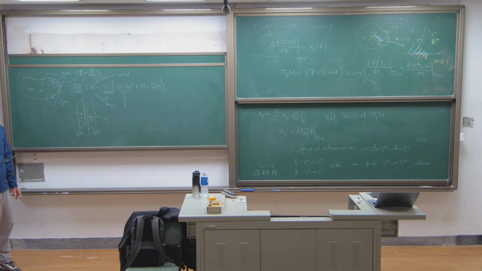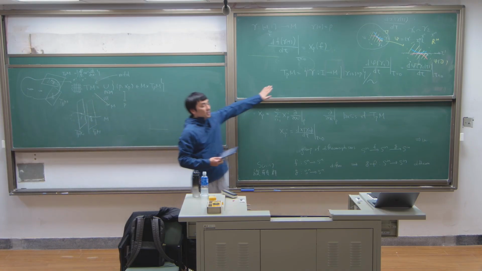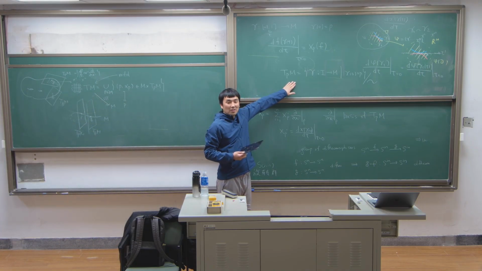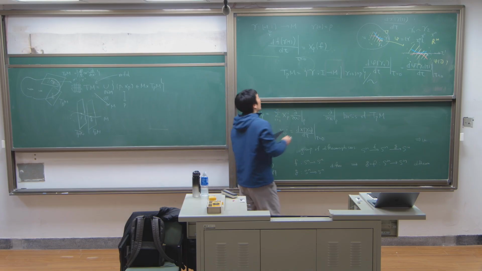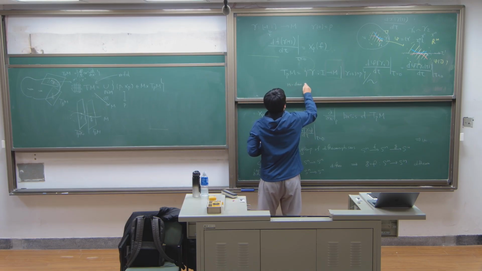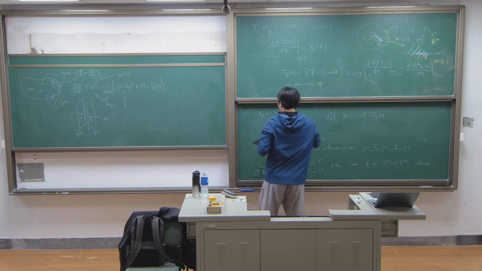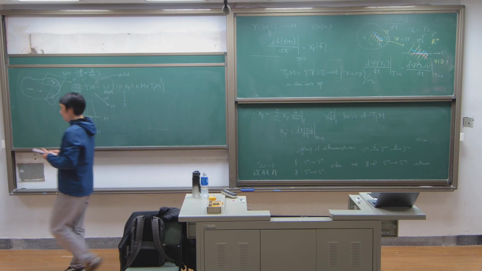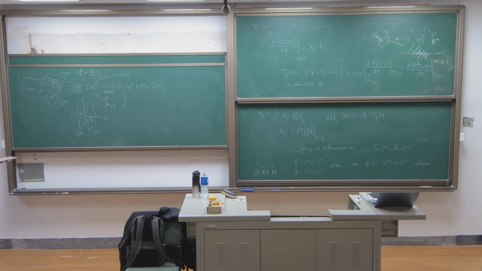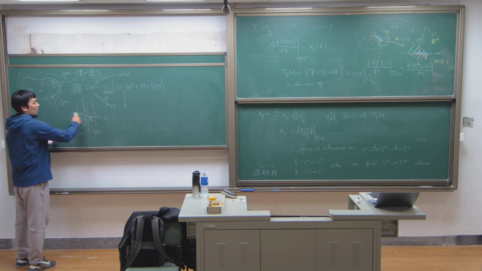Tangent space is a vector space, and its dimension is what? n-dimensional.